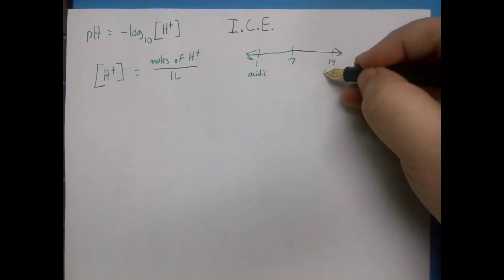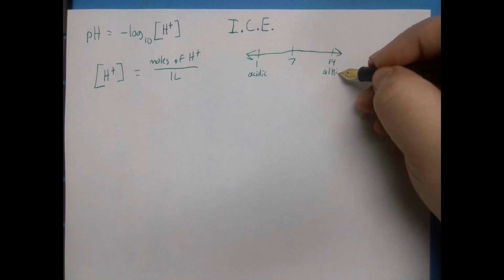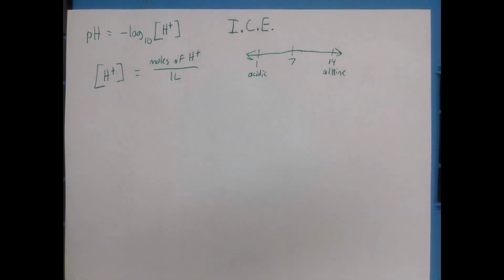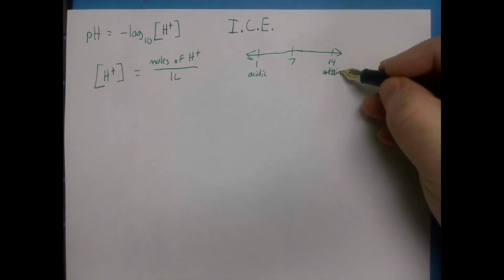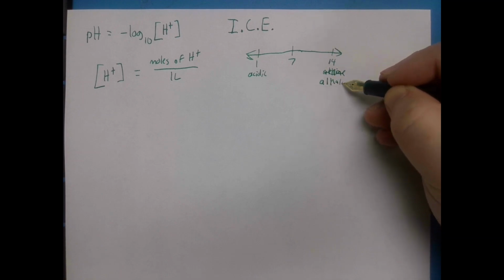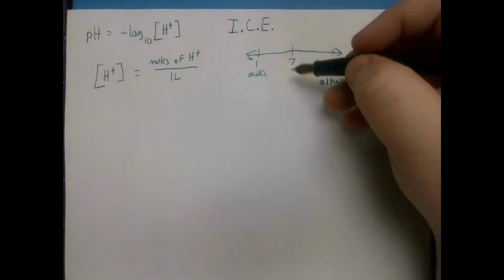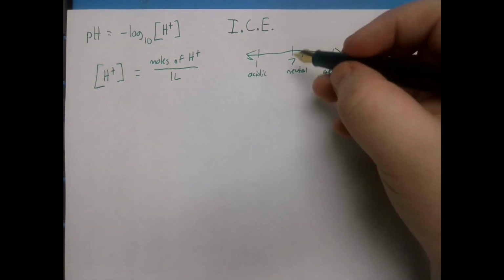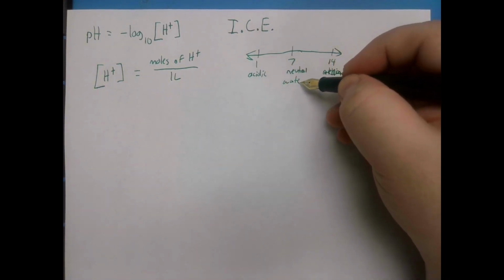And 14 on the alkaline side. Let's spell that. And 7 is neutral. Water is exactly 7.